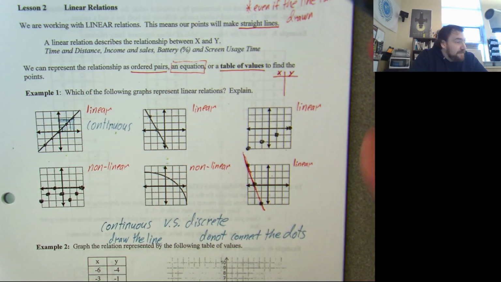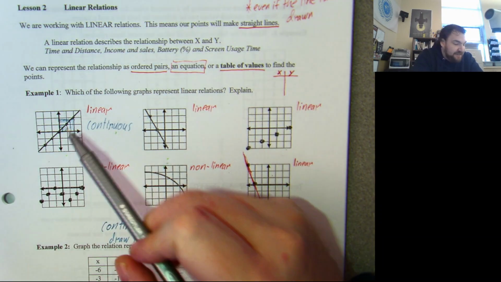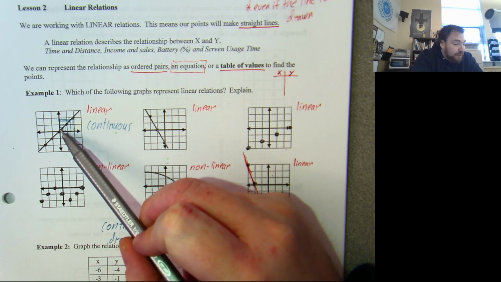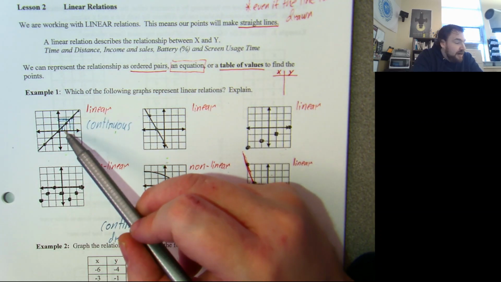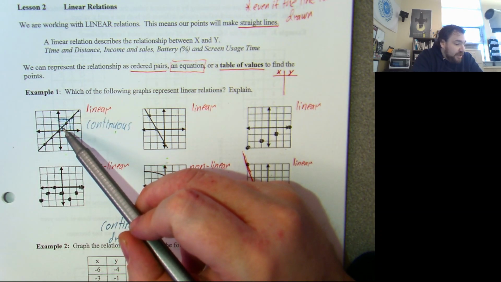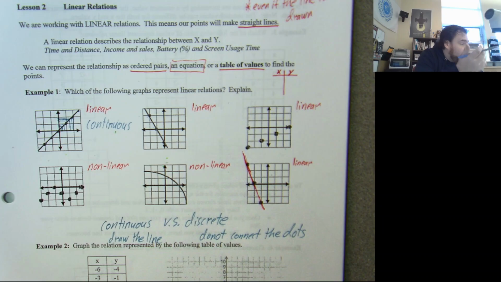An example of that would be as I travel, as more time passes, I've traveled a further distance. Am I allowed to have any fractional amount of time? Can I have half a second? Could I have a third of a second? Could I have a tenth of a second? I can have any decimal time I want.